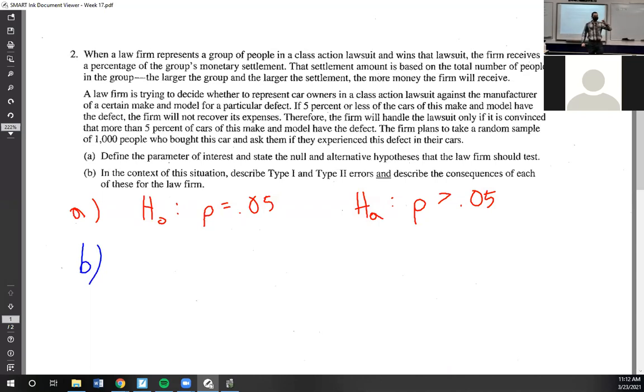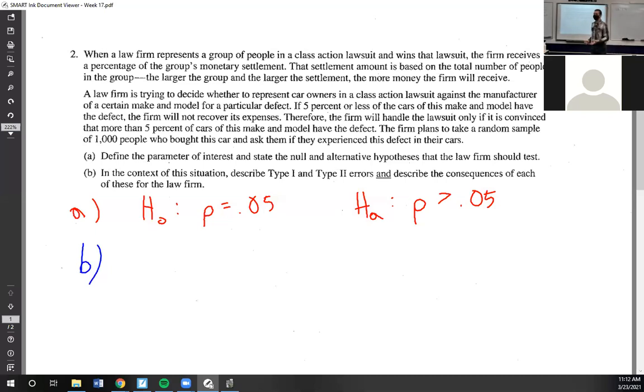On the other hand, a type 2 error is failing to reject incorrectly. So what does failing to reject mean here? Well, failing to reject would mean there's not enough evidence that more than 5% of the cars have the defect. And if they're failing to reject incorrectly, then that means they're not concluding that more than 5% of the cars have the defect, when in fact more than 5% of the cars do have the defect.